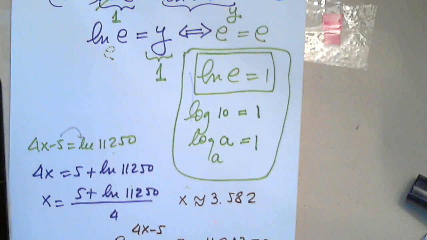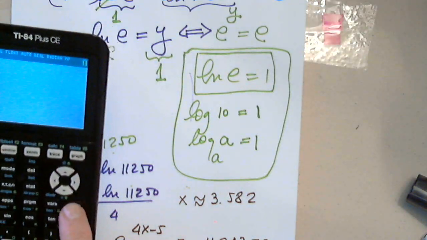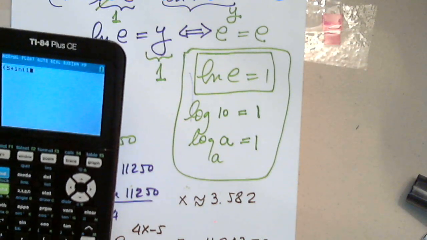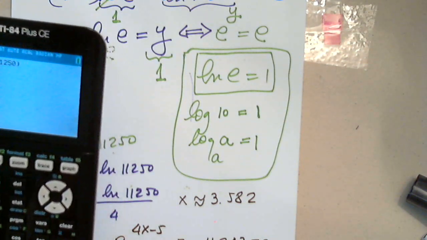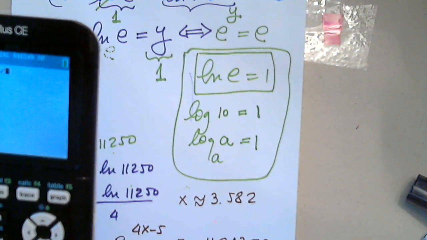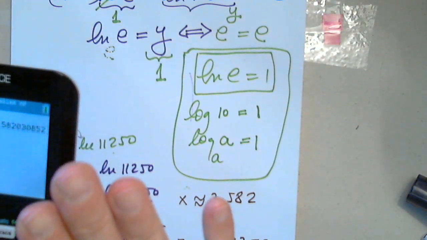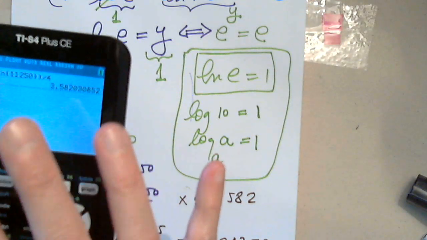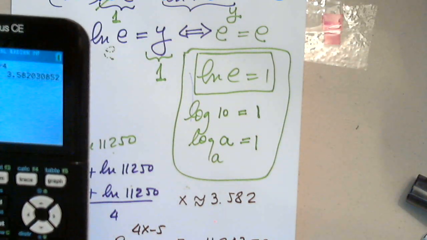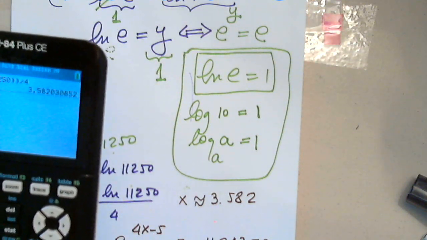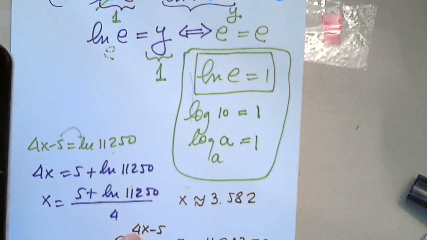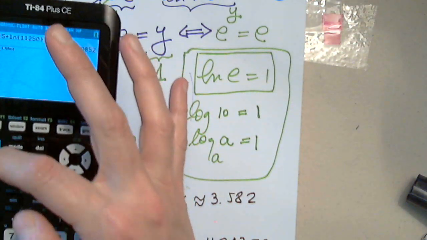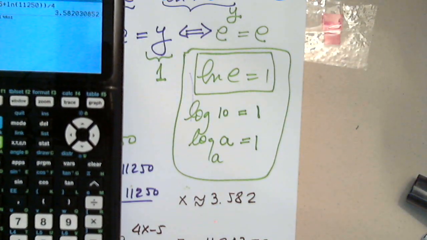But if you do it the way I showed it, for example, one more time, 5 plus natural log 11250, close the parenthesis and close the parenthesis, and then divide by 4 and keep the answer right there. When you check now with second and e, put a parenthesis, put 4, that you have the 4 in front of x, and multiply by the previous answer, second and answer.